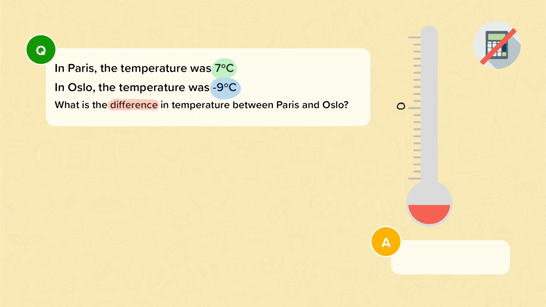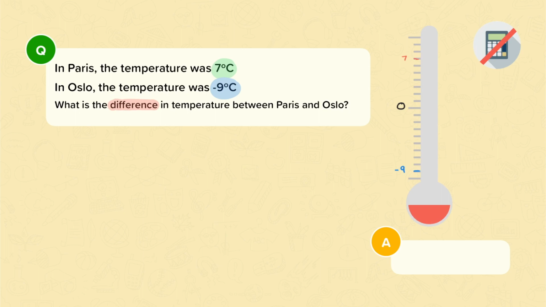So 7 degrees Celsius is just here. And -9 is here. I got that by just counting down. 1, 2, 3, 4, 5, 6, 7, 8, 9. -9.